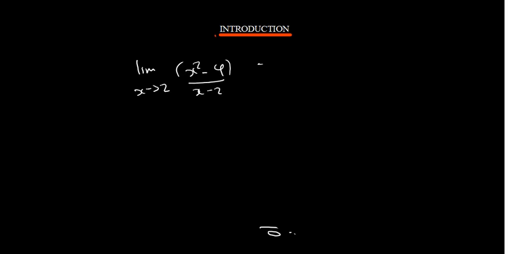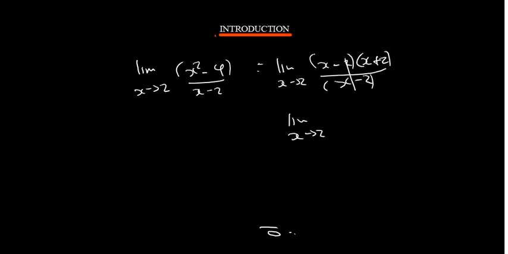This is the same thing, we have done it. We say limit as x approaches 2, then open bracket, then you use the difference of two squares, so it will be x minus 2 times x plus 2 over x minus 2. These will cancel, so this will be the limit as x approaches 2 of x plus 2.